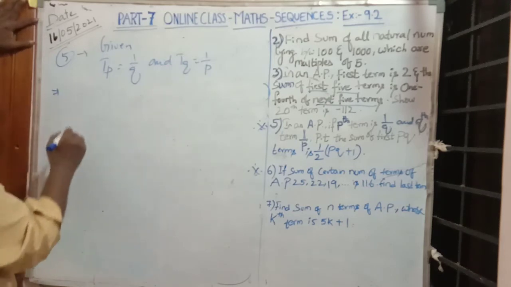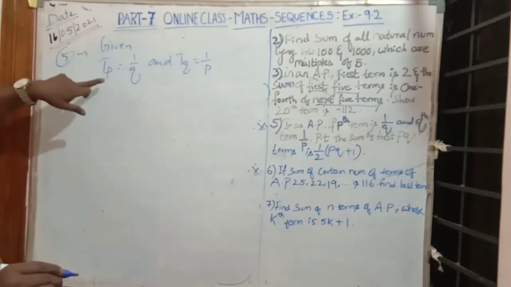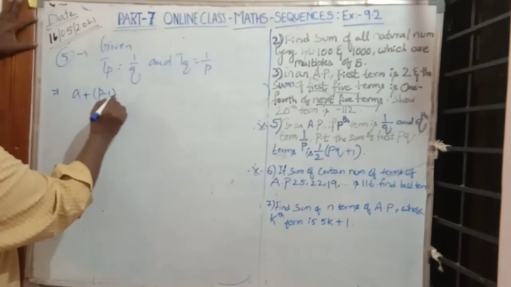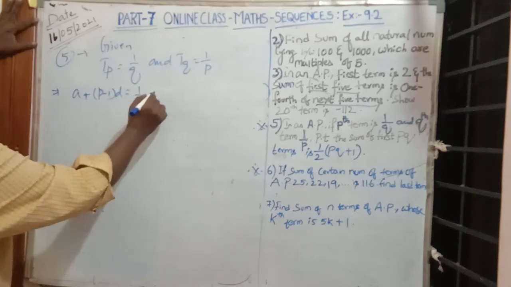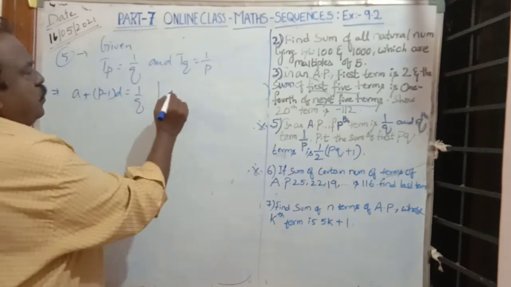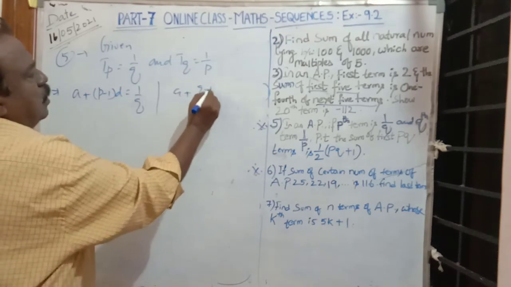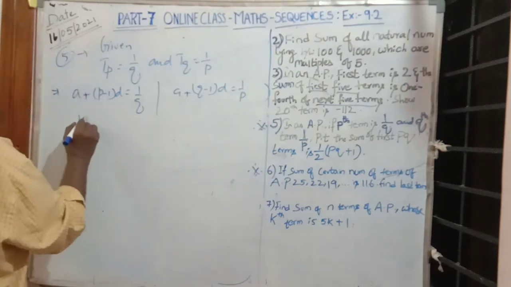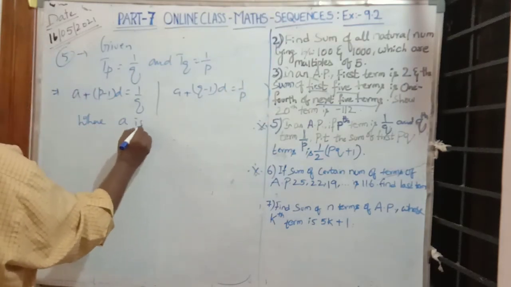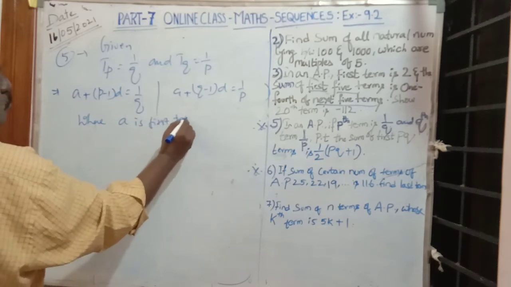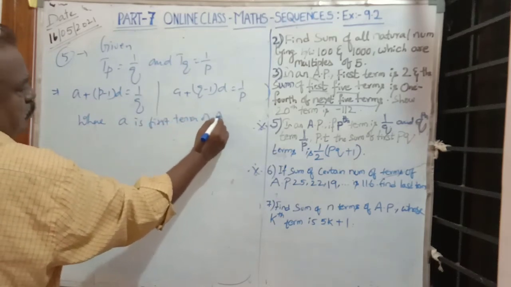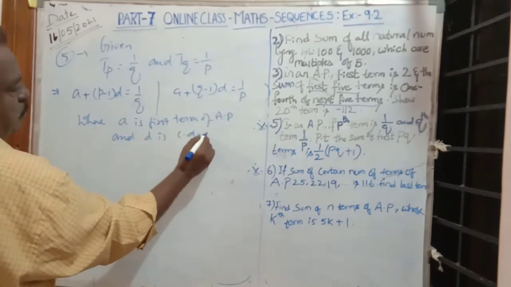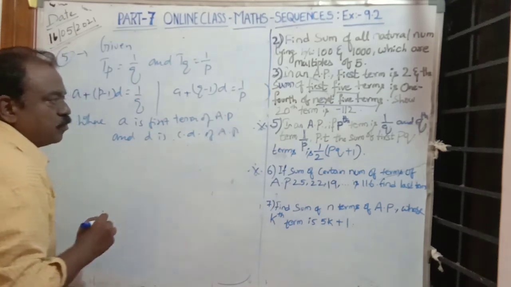Tp means A plus p minus 1 into D is equal to 1 by q. And Tq is A plus q minus 1 into D is equal to 1 by p, where we are assuming A is the first term of the AP and D is the common difference of the AP.